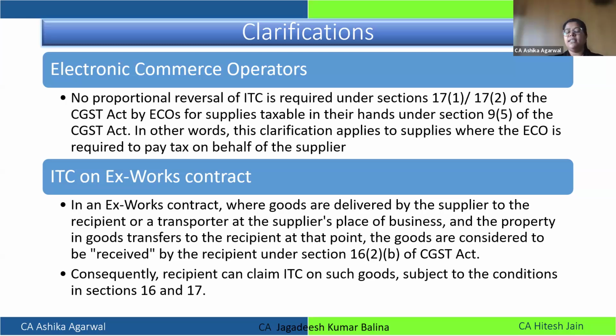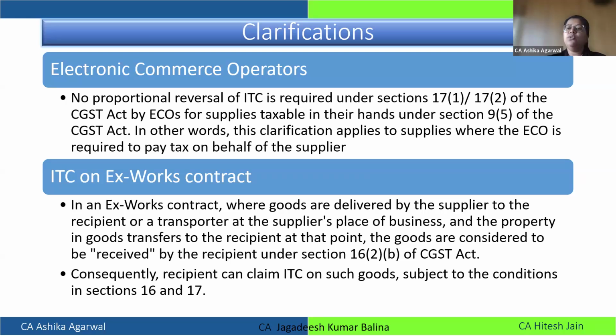So section 17 deals with when you are providing both taxable and exempt supplies, you are required to reverse the ITC. Now, when we see what has been defined as exempt in 17(2) and (3), while calculating the value of exempt supply, they are saying even the outward supply under RCM needs to be included.